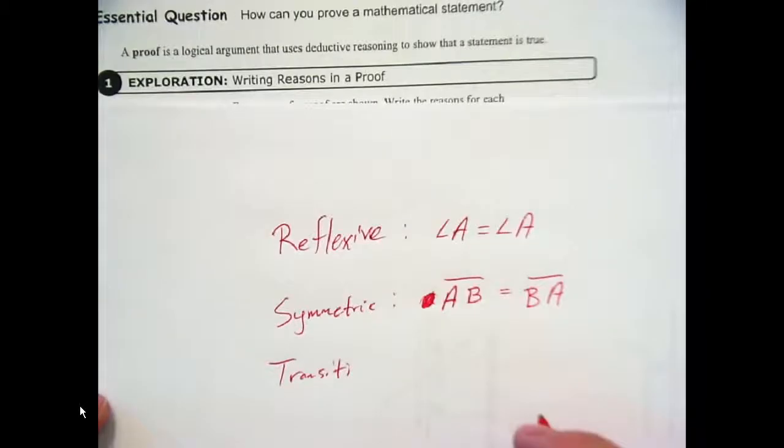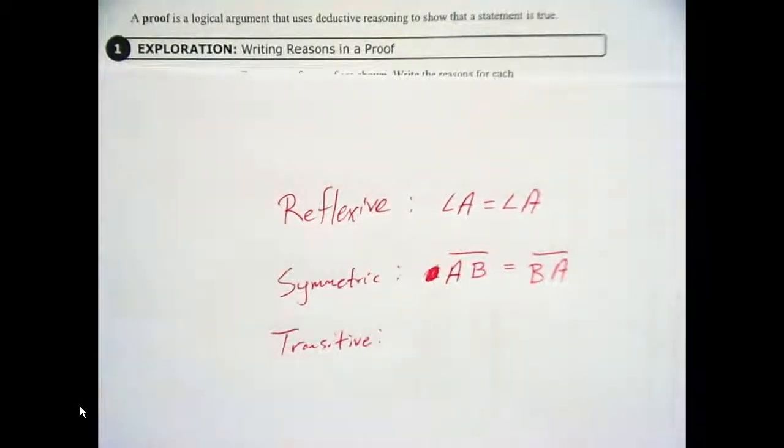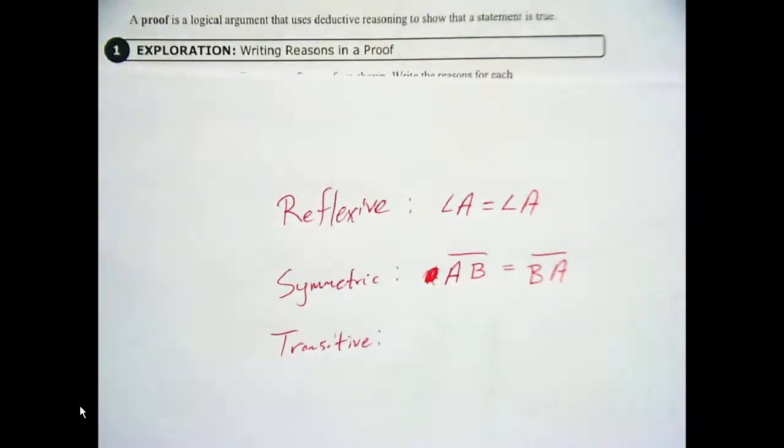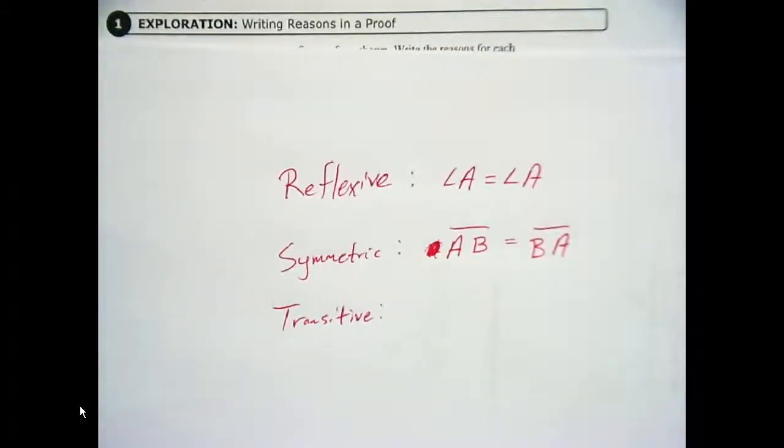Transitive property. Go ahead and give your neighbor an example there. Okay, can I get someone to give me an example? Yes, Jeremiah?